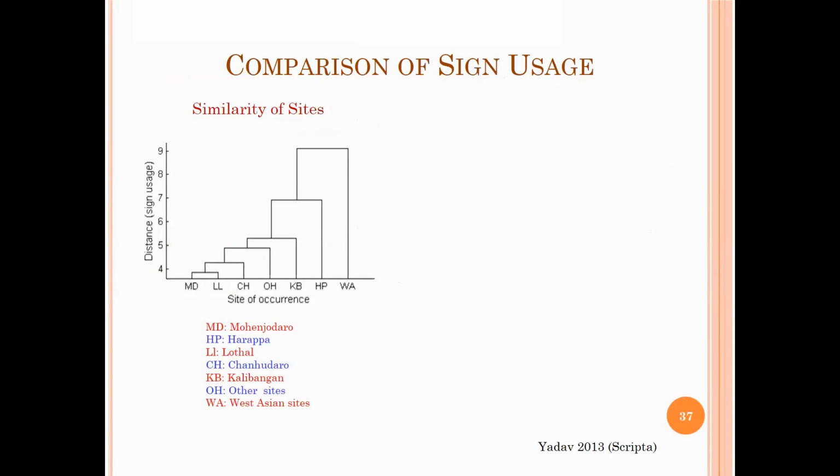Here you can see the site is shown on the x-axis, and the distance is shown on the y-axis with respect to the sign usage. MD is Mohenjo-daro, L is Lothal, CH is Chanhudaro, then other Harappan sites, Kalibangan, Harappa, and West Asian sites. You can see that the text from Mohenjo-daro seems to have affinity to the text of Lothal.